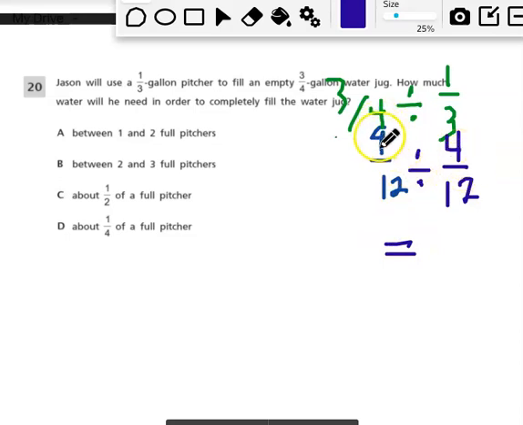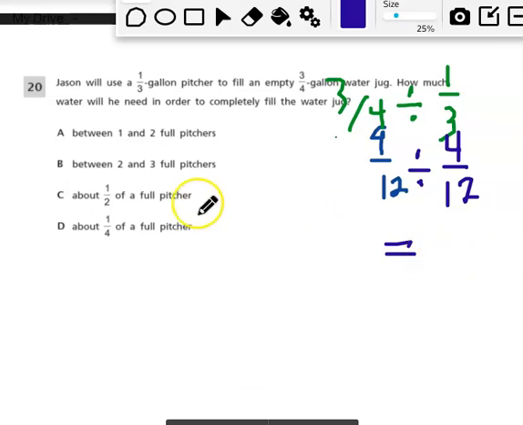Because 4 times 2 would be 8, and then that would be 8/12. So it would already be 2 full pitcher gallons, and there's a little remainder.